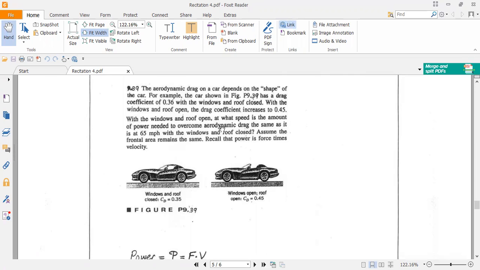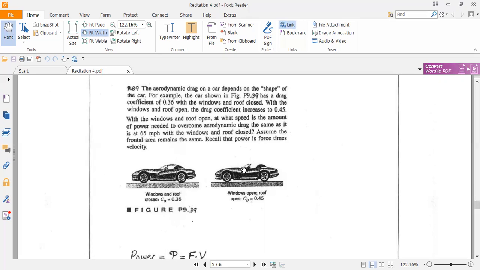So the power should be the same for both of these cases, right? The velocity with the windows and roof closed will be 65. If this car goes at 65 miles per hour, it will produce some drag force, and to overcome this drag force we need power.